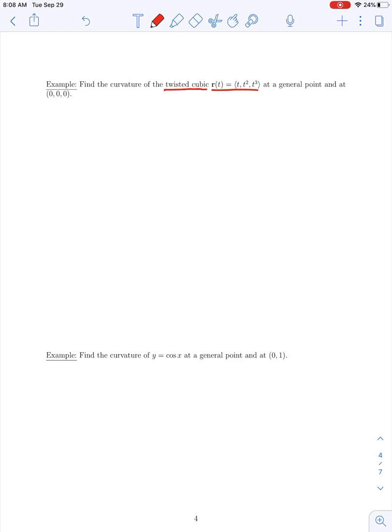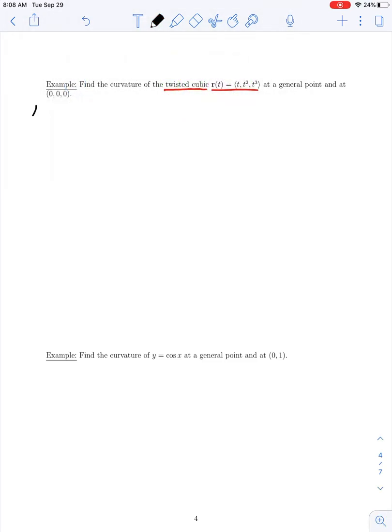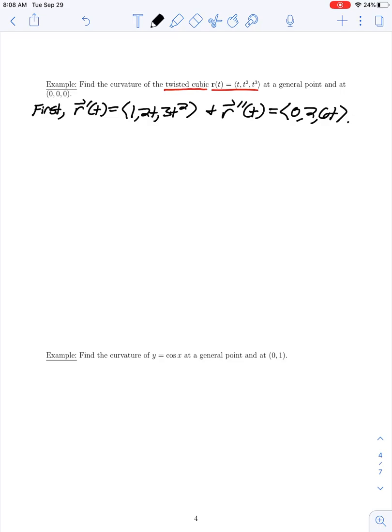Now, to make use of that formula, I first need to calculate a few things. So let me start by saying first, I need to find r prime of t for this vector function, which would be 1, 2t, 3t squared. And I need the second derivative of this vector function, r double prime of t, which would be 0, 2, 6t.